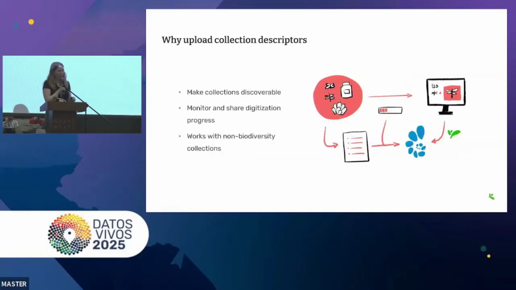So when would you want to use collection descriptors? When would you want to make and share collection descriptors on GBIF or on GeoCycle, which is also hosted by GBIF? It's really something that can be indexed. So that means your collection can be discoverable.